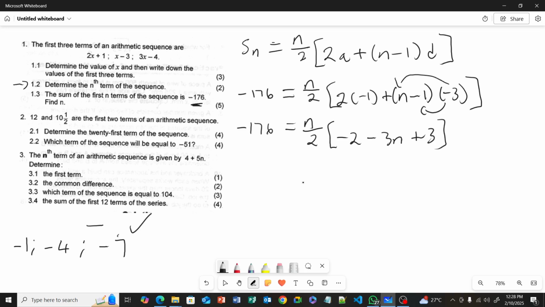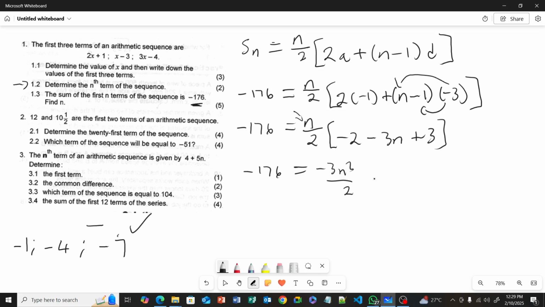Okay, before everything else, I'm going to multiply by 2 to remove this one. Remember guys, it's not nice to deal with fractions. So now if I open everything up, we are going to have negative 176, which is equal to n times negative 3n, which is negative 3n squared over 2.